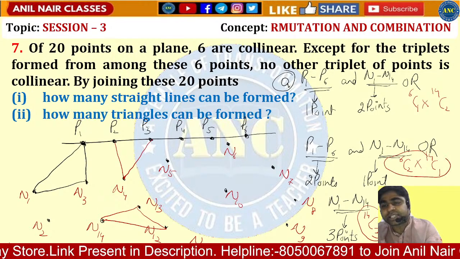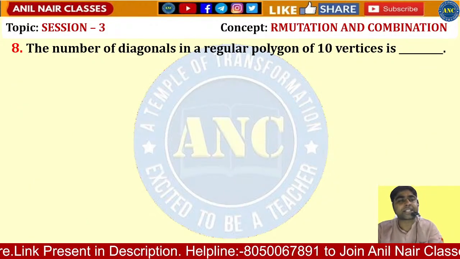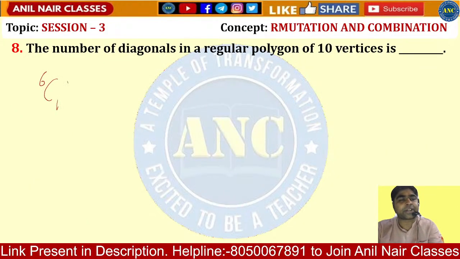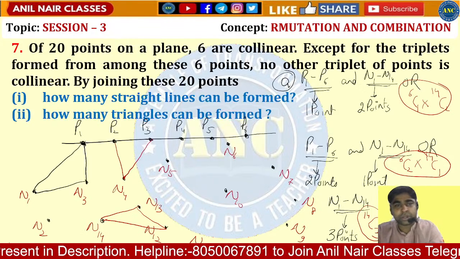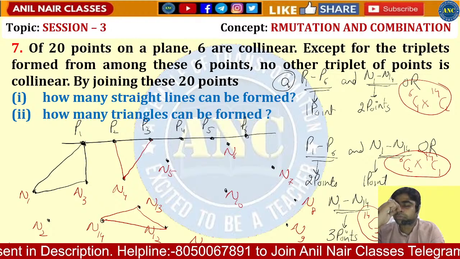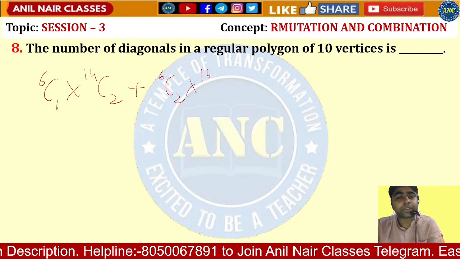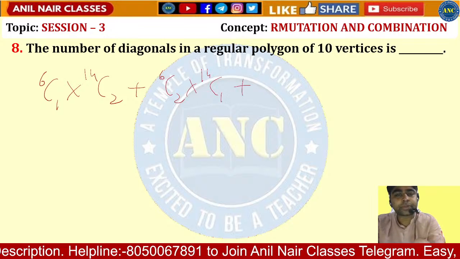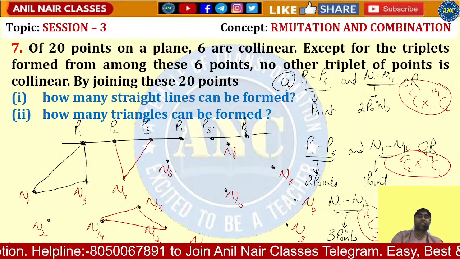This plus this would give me my answer. So what would be my answer? 6C1 into 14C2, or 6C2 and 14C1, or 14C3.